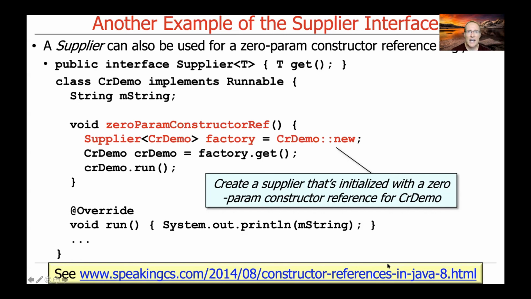And we're going to assign it the syntax for CRDemo::new, which in essence is a constructor reference. And that is a method reference that will create a new CRDemo object whenever the get method on the supplier is called.